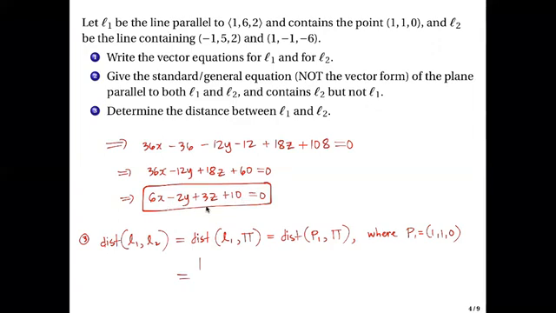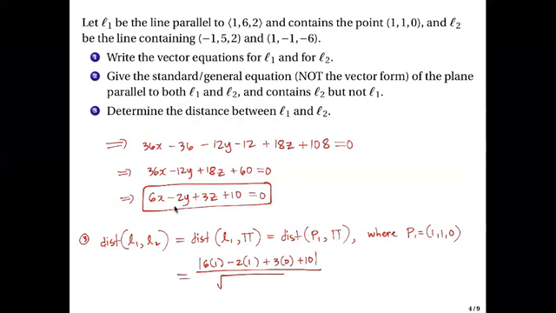Hence, we have here 6 times 1 minus 2 times 1 plus 3 times 0 plus 10. And you have to get the absolute value of that. And for the denominator, you get the norm of the normal vector.